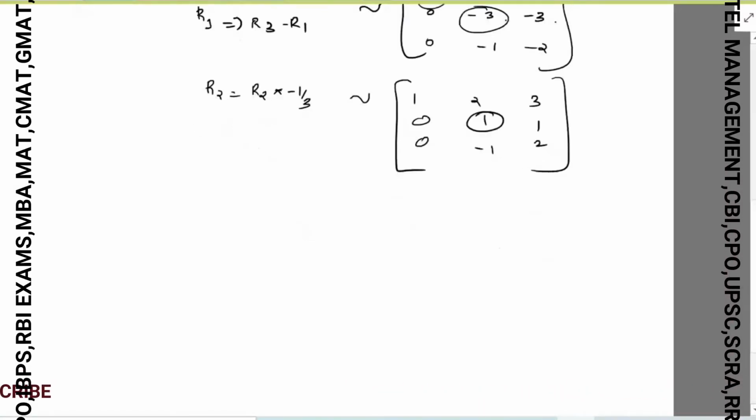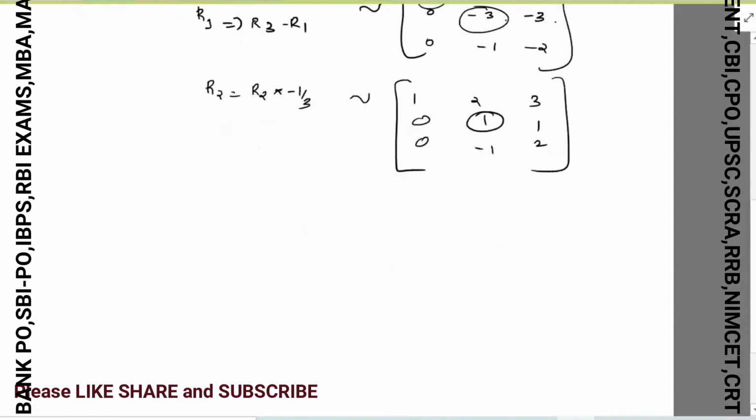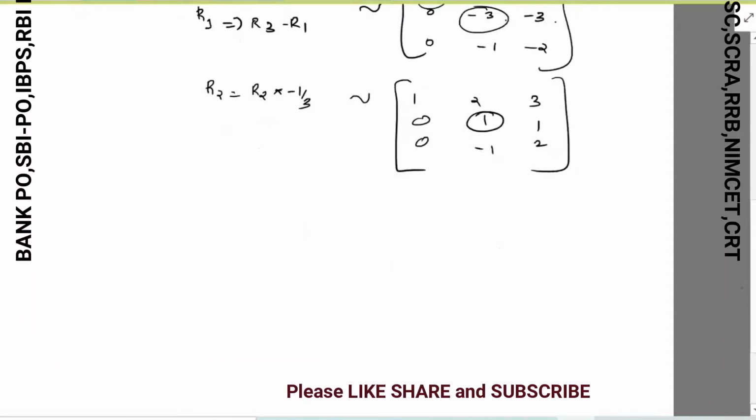Now mark the second leading coefficient and make all the vertically up and down elements 0. How can we make that 0?